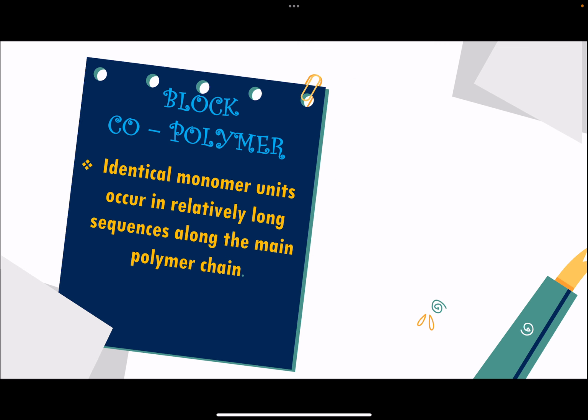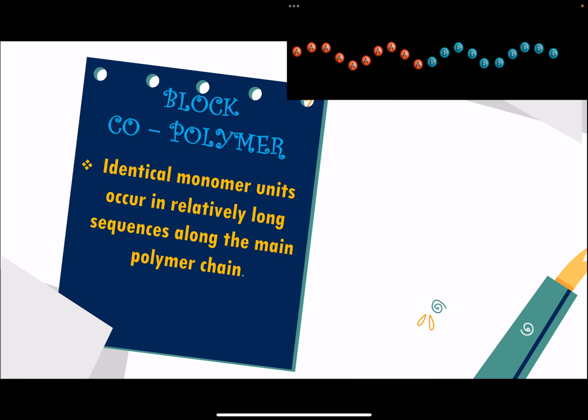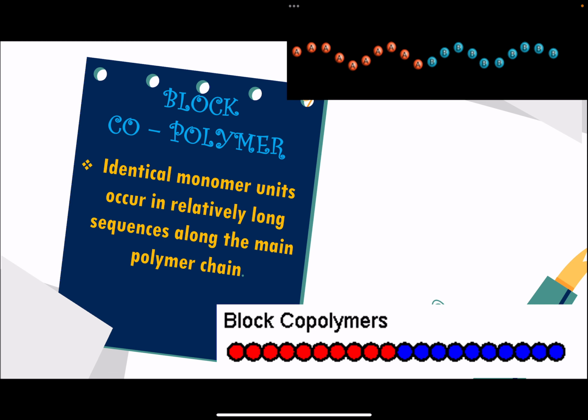Block copolymer. Here, identical monomer units occur in relatively long sequences along the main polymer chain. That is, you have a sequence of say 10 A type of monomers followed by 10 B type of monomers, etc.